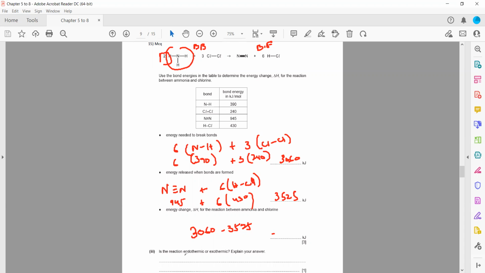And is this reaction exothermic or endothermic? You will say this is an exothermic reaction because the bond forming energy is more than the bond breaking energy. And how much is this value?